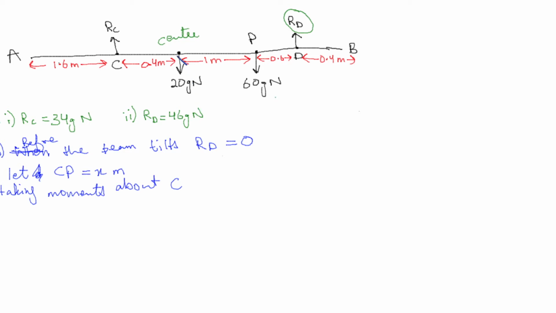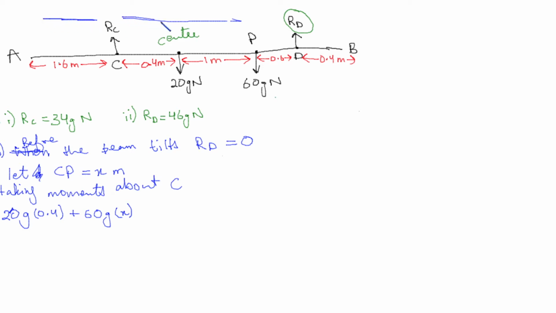I have 20g multiplied by the distance 0.4, 20g times 0.4 meters plus 60g times x. Now there's another problem here, that we don't know if the boy will be somewhere here, or if the boy will go beyond C and he will be here.